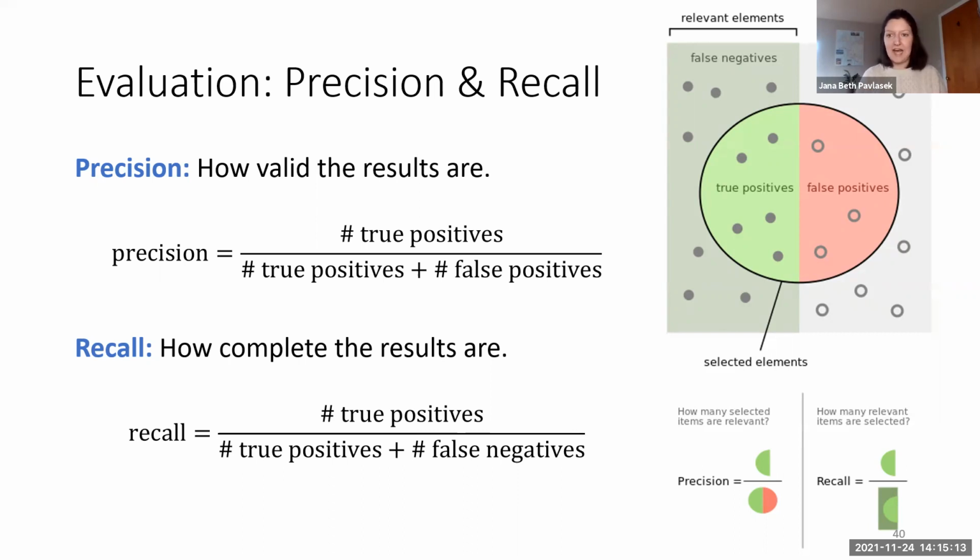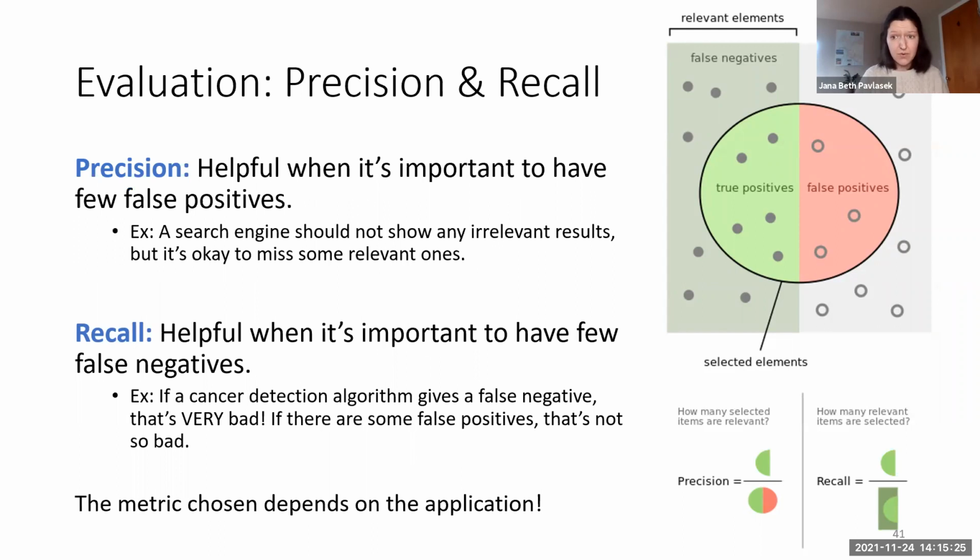Recall basically tells us how complete our results are. If you want an algorithm that catches every single true case, even if there might be some false positives, then you want high recall. An example where you might want high precision is a search engine.